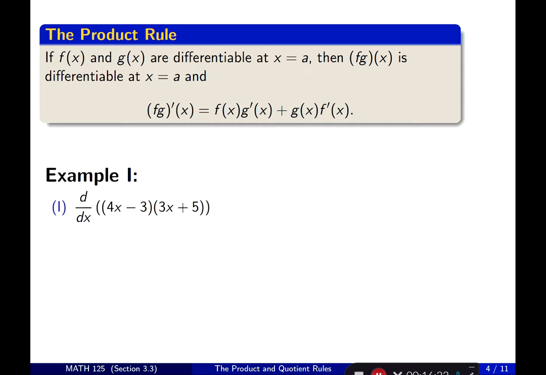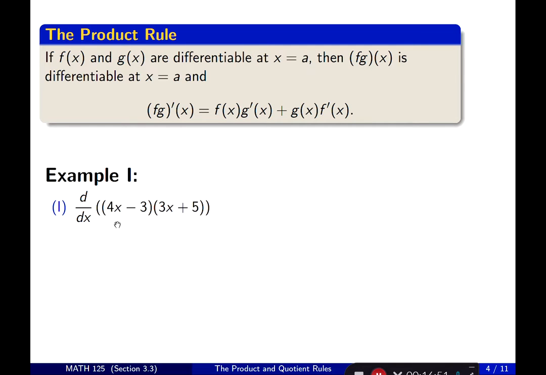Example 1, find the derivative of the product 4x minus 3 times 3x plus 4. I want to remind you that this is a question that can be done with the knowledge in 3.2, but it's easier to use the knowledge in 3.3 to do this problem.